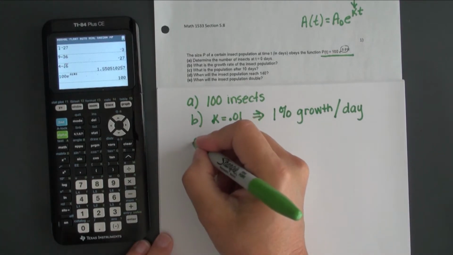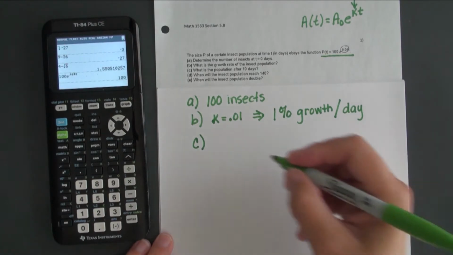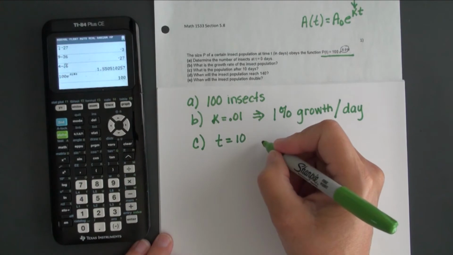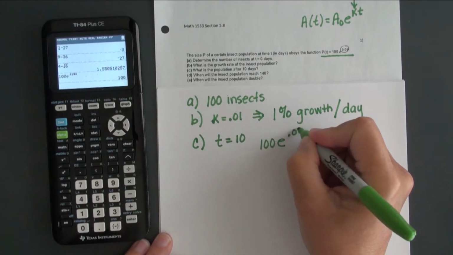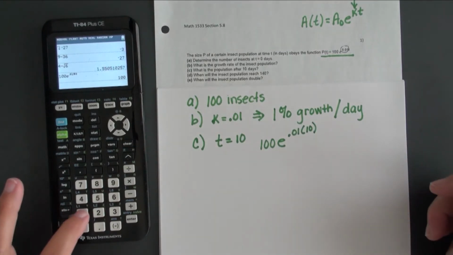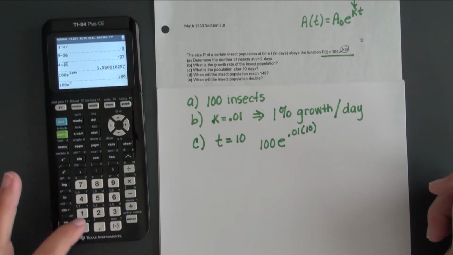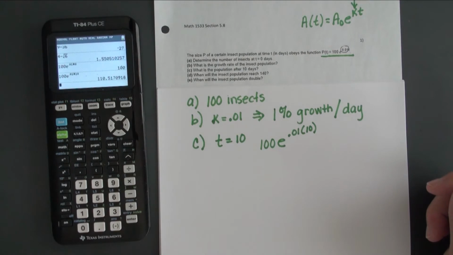Now let's see what the population is after 10 days. Well, after 10 days, our t equals 10. So just take your formula and plug a 10 in for t in the calculator. And you'll get a solution.